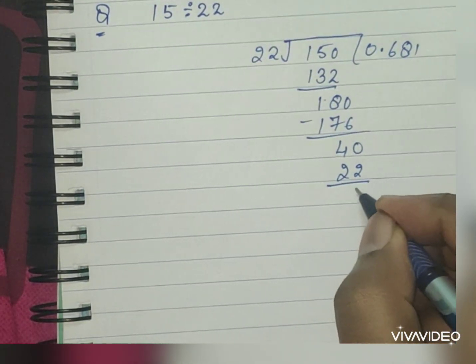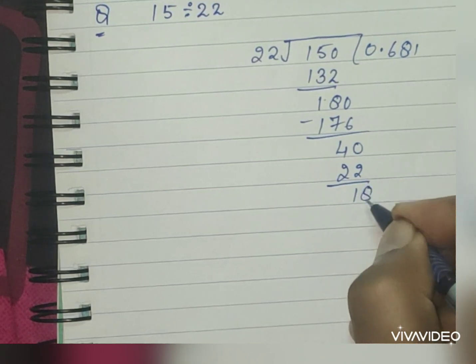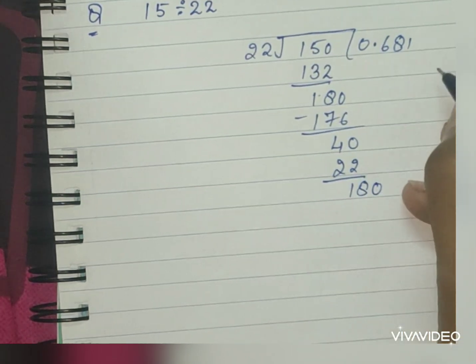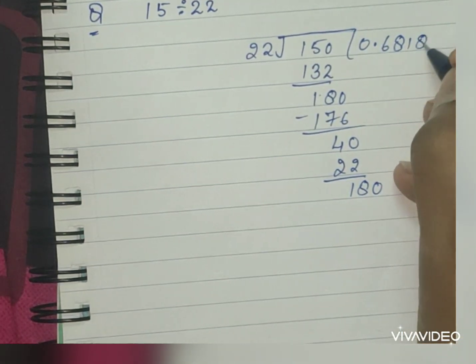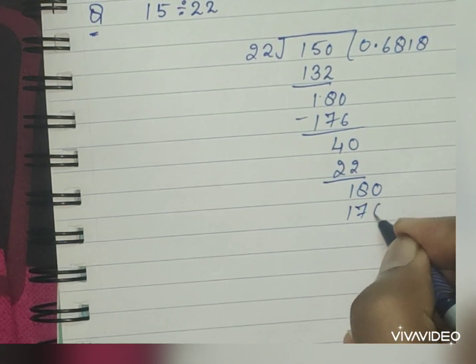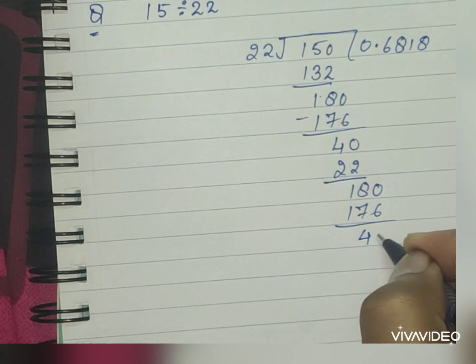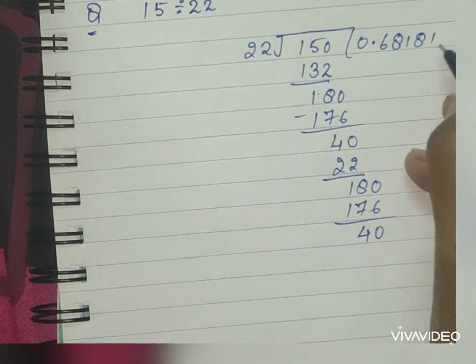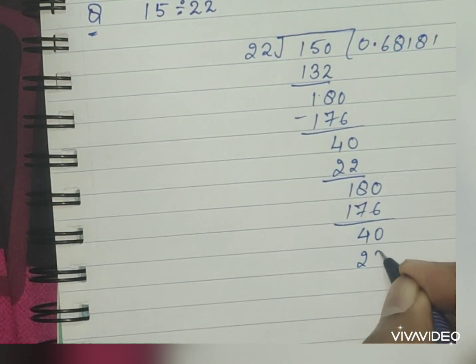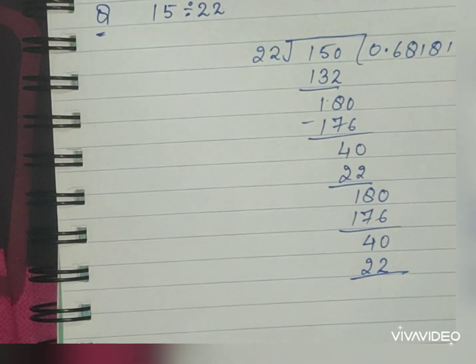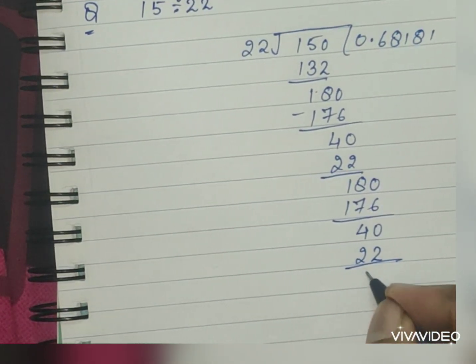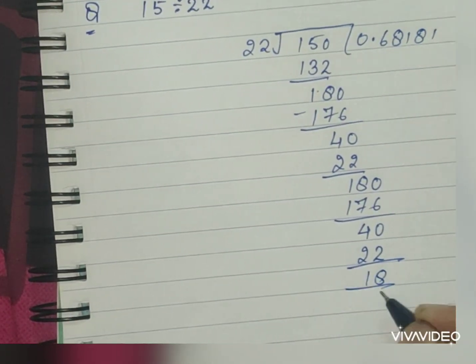Again 18 is left, you again put a 0. Then 8 176. Again 4 is left, you put a 0. 22 1 22. So here you can see 18 is left again.